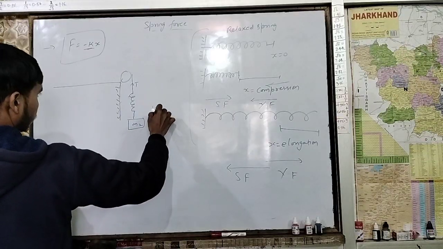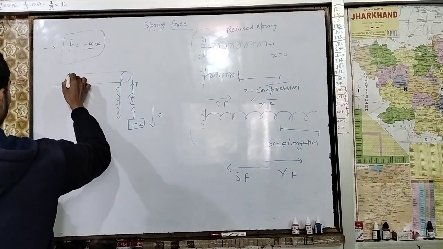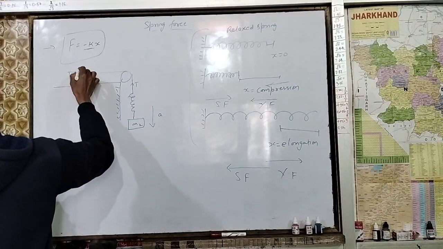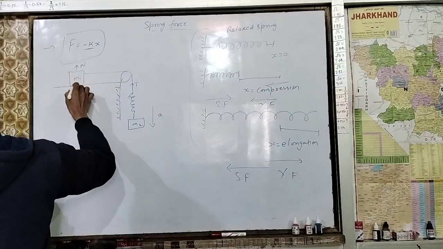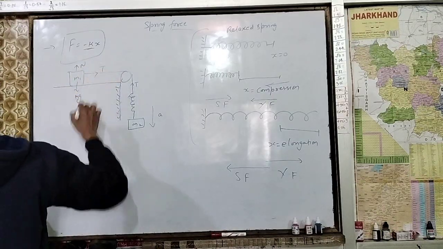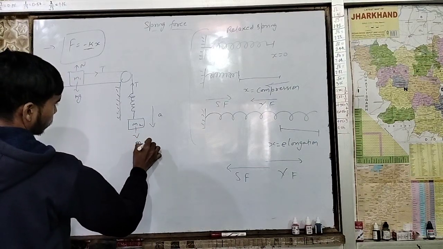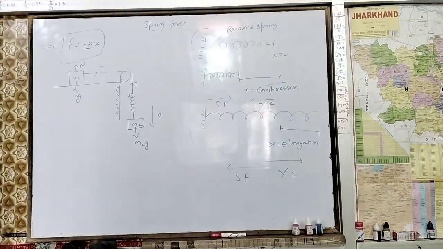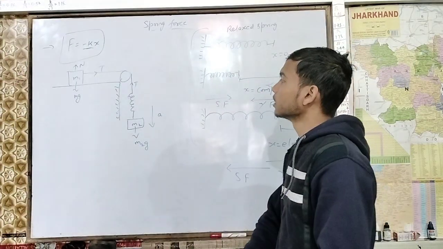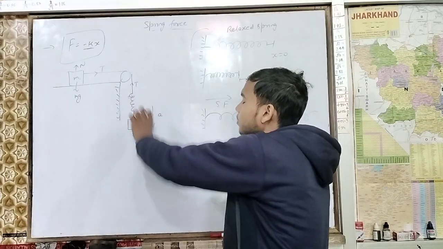M2 is moving with acceleration downward, and there is another block M1. Normal force is upward and downward will be M1g. This is the tension. Over here we have M2g, the gravitational force. You can see what would be the spring force by this spring.